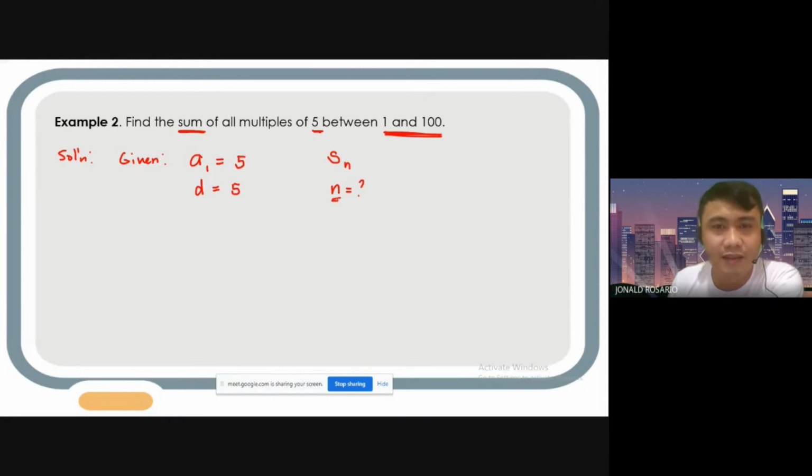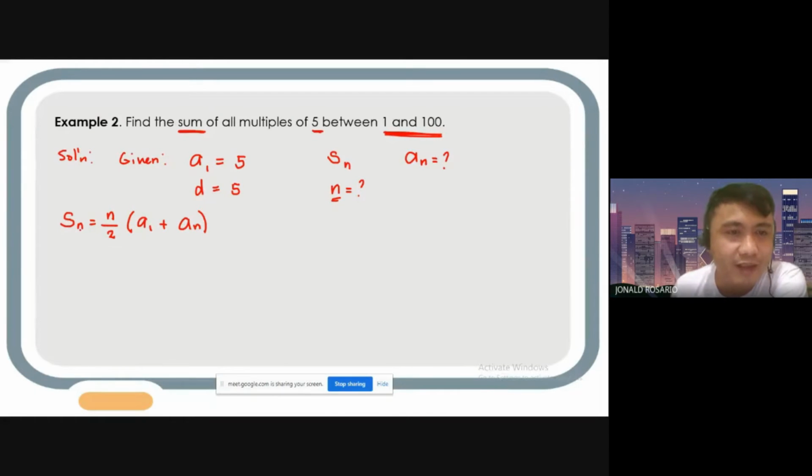Kung sana alam natin si n, at alam din natin si a sub n, pwede na natin gamitin yung S sub n is equal to n over 2 times a sub 1 plus a sub n. Okay? So, ang problema, hindi natin alam si n. Doon sa formula, importante pala si n. Okay?